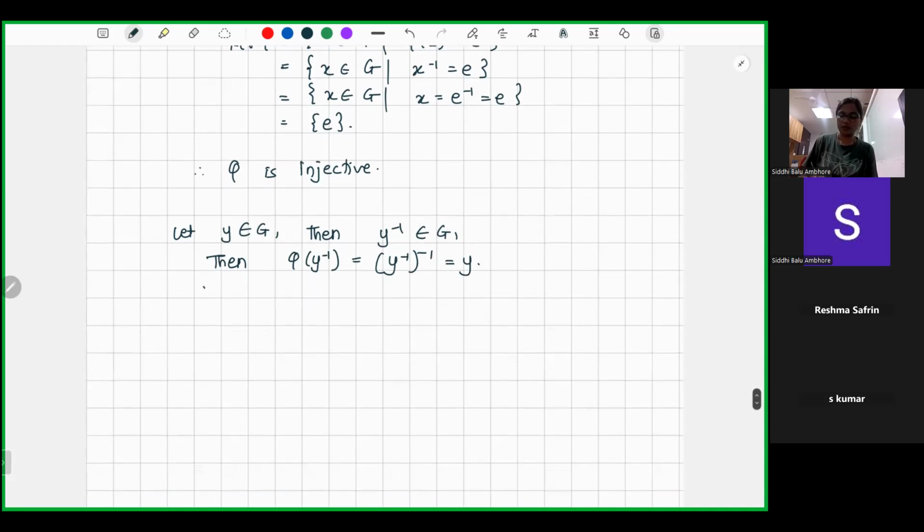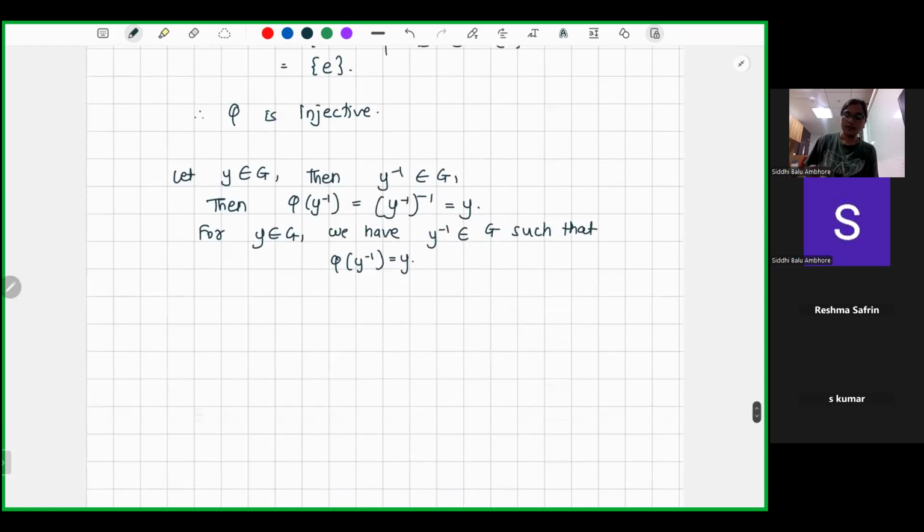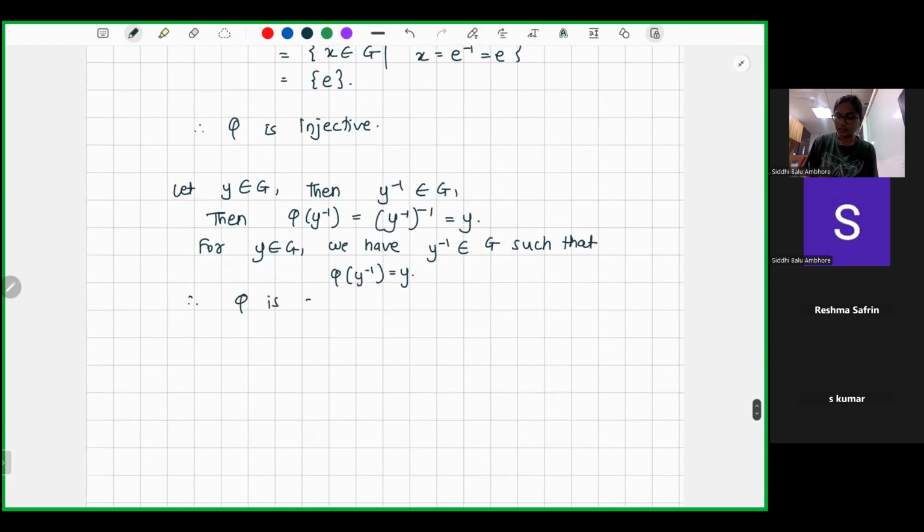So therefore, for y in G, we have y inverse belongs to G such that phi of y inverse is y. Therefore, phi is surjective as well.